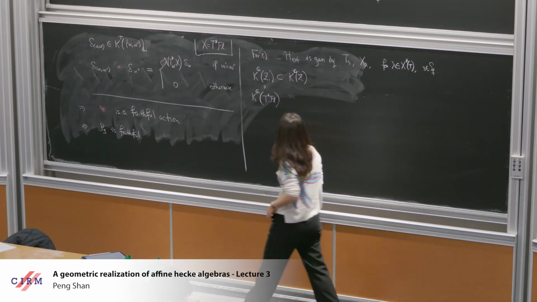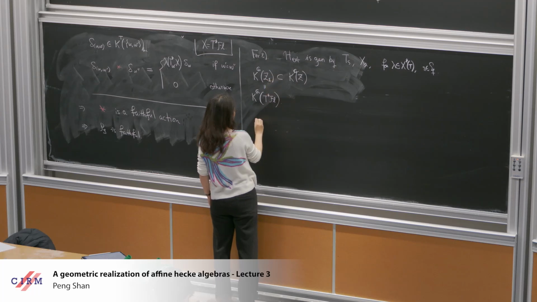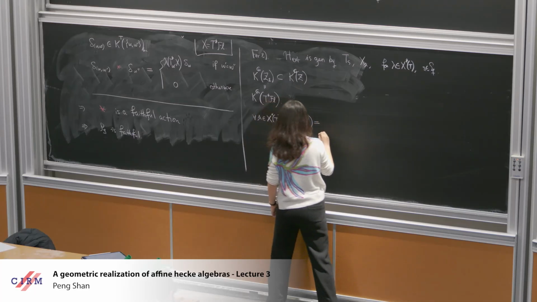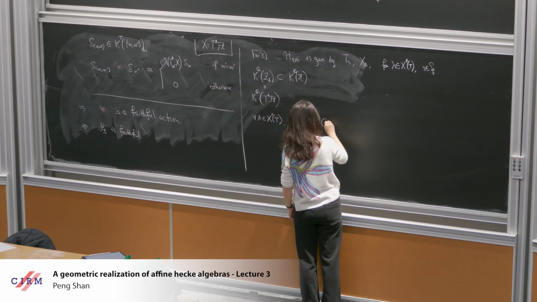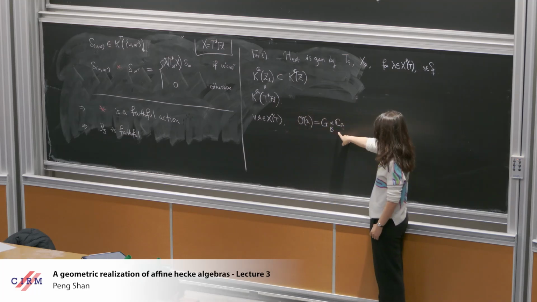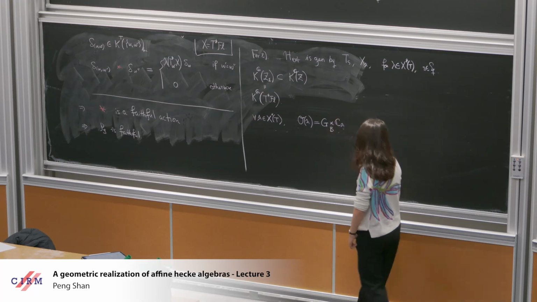And therefore, for every lambda, which is a character of T, we can define a line bundle, let me call it O_lambda, which is given by the induced bundle where you put the character lambda at the point 1. I could be off by a sign, but I don't want to care so much about the details.